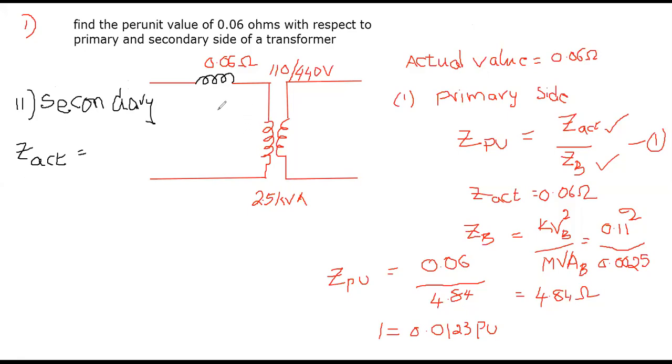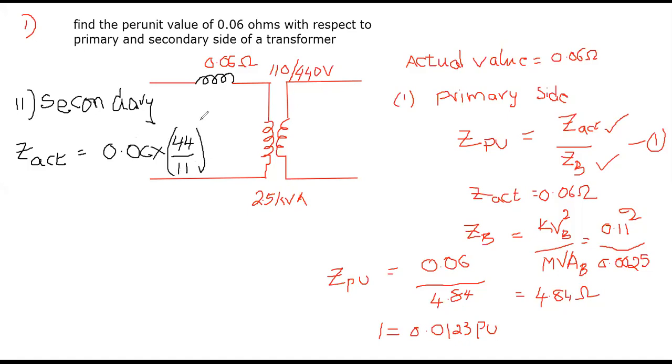If you want to shift this 0.06 ohms to the secondary side, the approach is different. You multiply by N2 by N1, so 44 by 11 whole square.